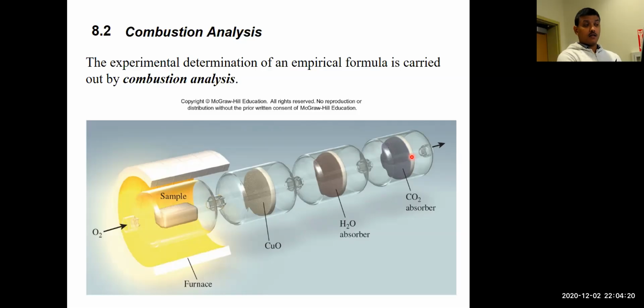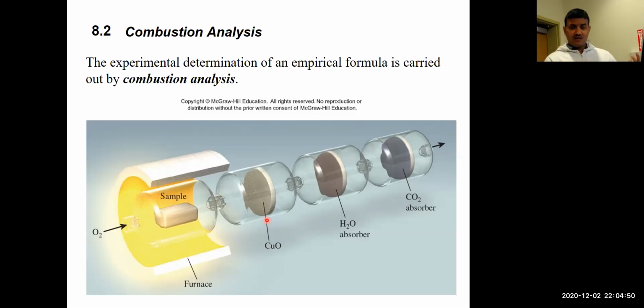Combustion has only unique products, both CO2 and H2O. So you have both CO2 and H2O absorbers. And this copper oxide serves to make sure only H2O and CO2 pass through, but not the byproduct of that reaction. Sometimes that forms as CO instead of CO2, so it makes sure that all of the CO is converted back to CO2.